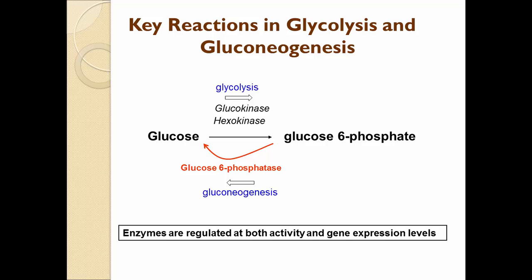The first key reaction involves two enzymes in two different pathways: glucokinase, which is the key enzyme in glycolysis, and glucose 6-phosphatase, which is the key enzyme in gluconeogenesis, and how these two key enzymes are regulated by substrate, hormones, and during the fasting condition.